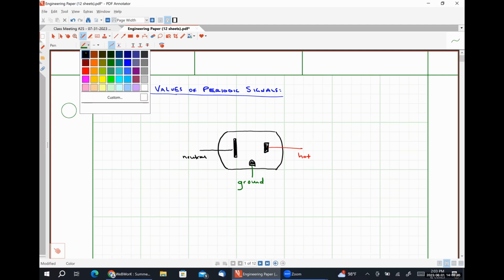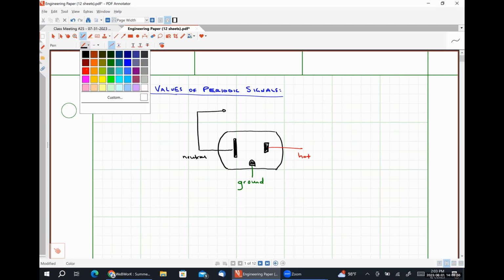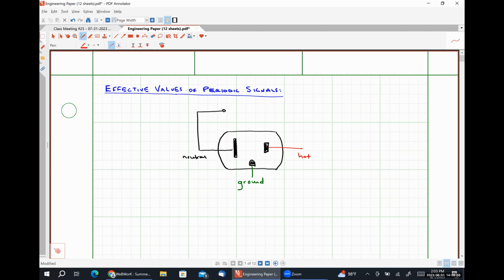So when you plug something in, it is receiving a voltage measured between the hot and the neutral wire. Positive polarity on the hot wire, negative polarity on the neutral wire.